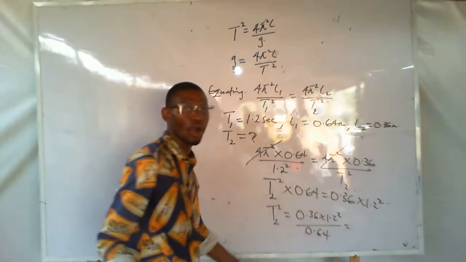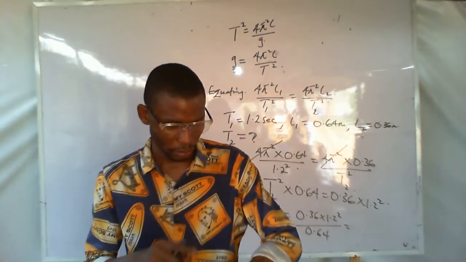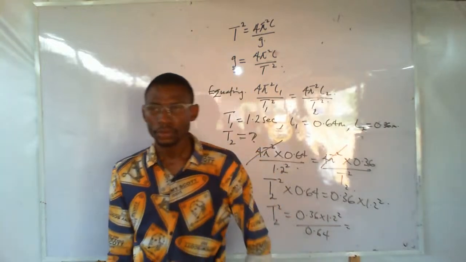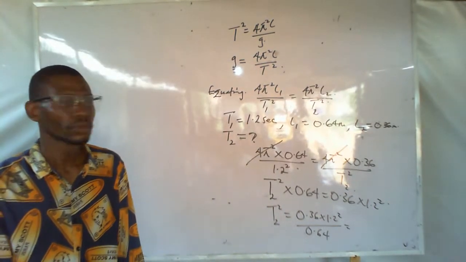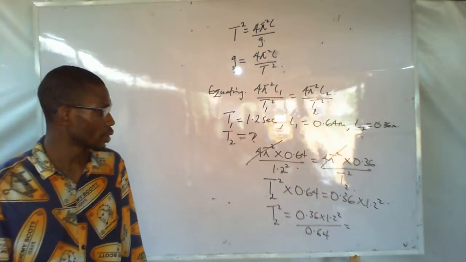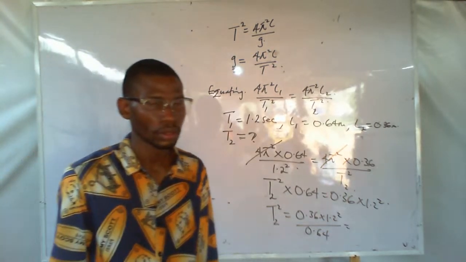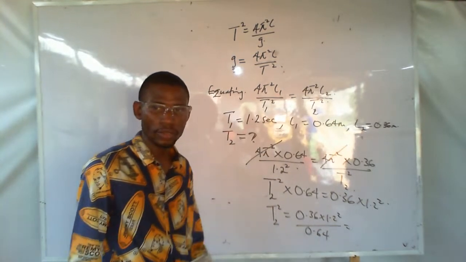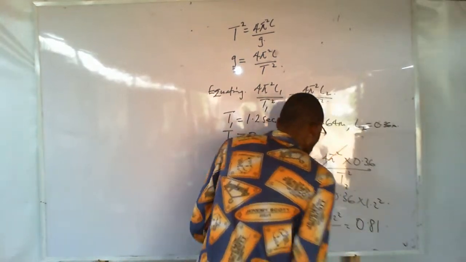So operate. What do you get? 0.81. Yes, 0.81.